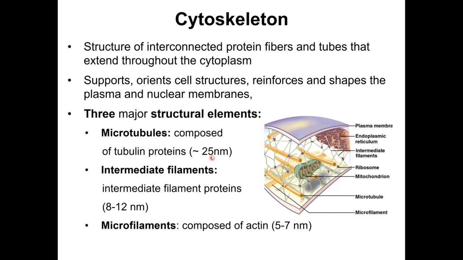And then you have intermediate filaments. They are called intermediate because, size-wise, they're intermediate between the microtubules and the next set, the microfilaments. As the name says, micro means small, and these are made by actin. The cytoskeleton is a very dynamic structure. You can look under a fluorescent microscope and see how it keeps changing.